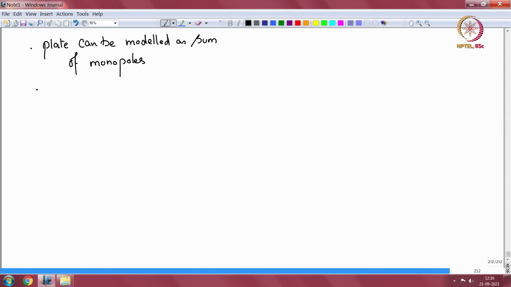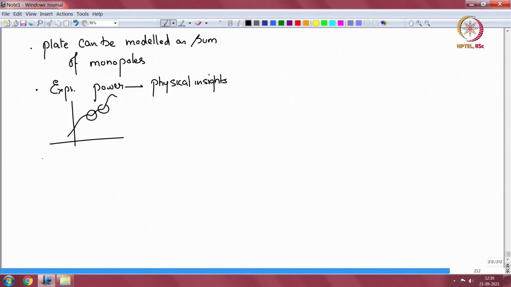So we gave an expression for power or intensity, and it had some physical insights, how cells interact and interfere and give you those oscillations in Wallace's numerical curves.